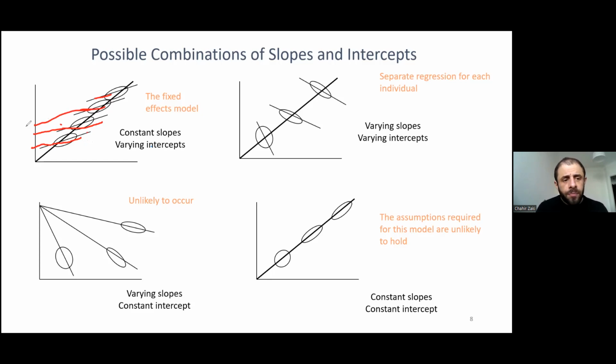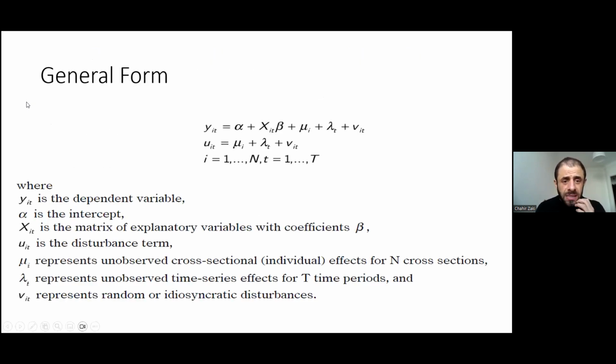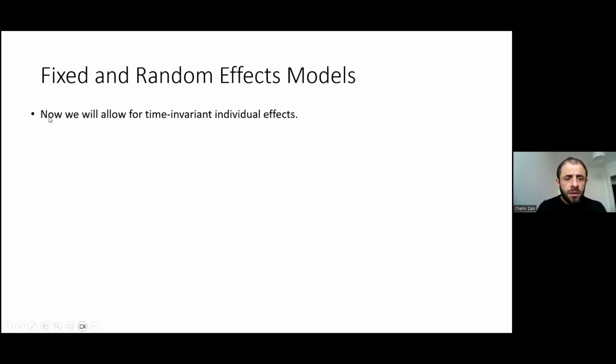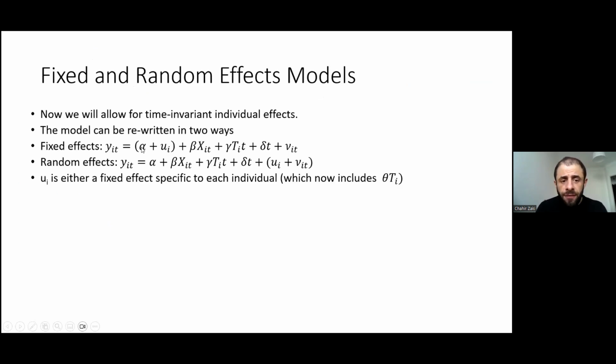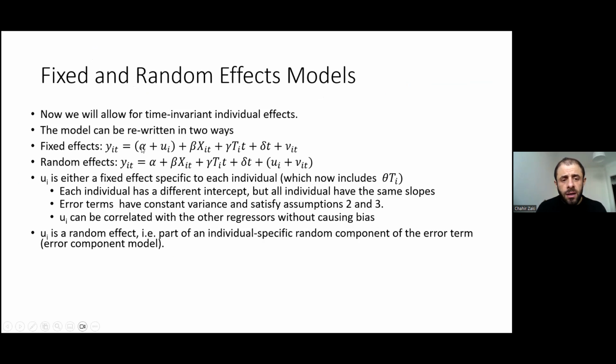And that's why if we introduce this fixed effects model, what we're basically doing is combining the alpha with the u_i, which means that these two terms, I'm combining the individual effects with the initial intercept that I have.